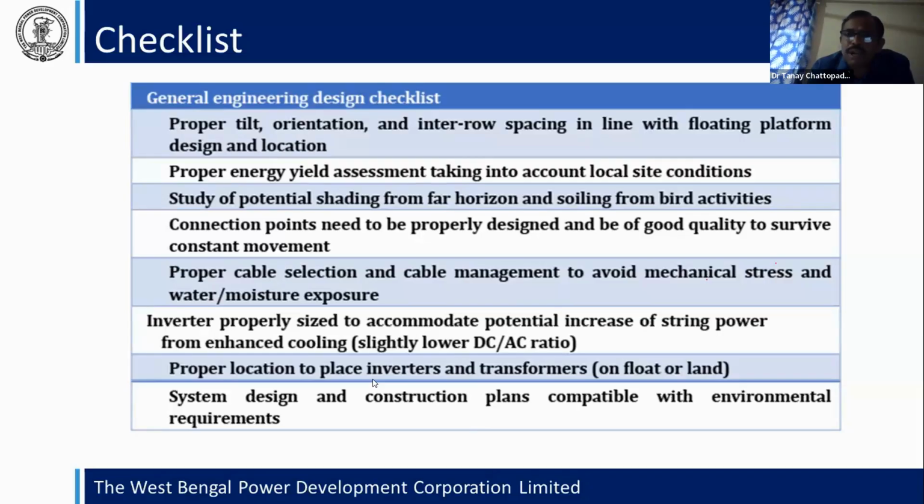Also, you have to think about the inverter capacity such that the DC AC ratio can be maintained by it. And in the engineering design, you have to select the inverters and transformers such that the maximum generation can happen during the peak time.